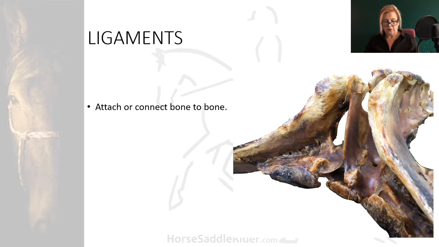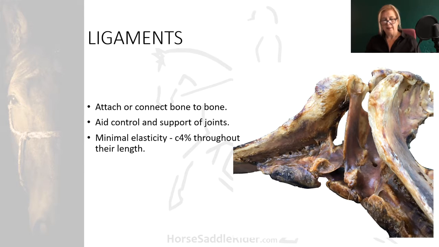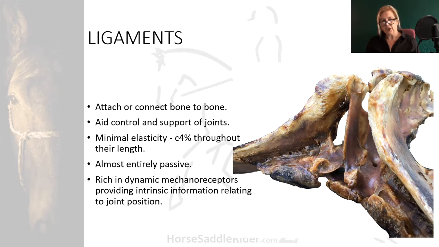Ligaments attach bone to bone to aid control and support of joints. They have minimal elasticity of only some 4% throughout their length, and a characteristic is that they are almost entirely passive, yet they are rich in dynamic mechanoreceptors providing intrinsic information relating to joint positions.